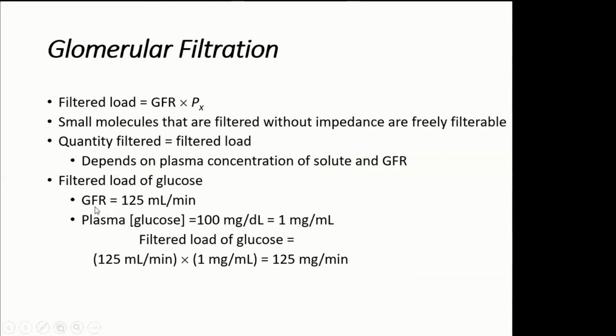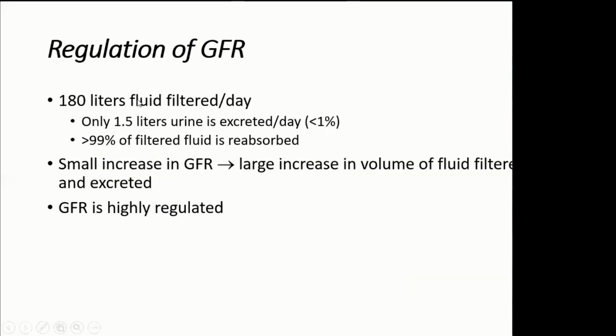So over a whole day, it's going to make a huge change in the volume of fluid that gets filtered out and therefore excreted. For that reason, our glomerular filtration rate is really highly regulated, because it's a big problem if we suddenly have a ton more or a ton less fluid, and therefore plasma, moving out of our blood.